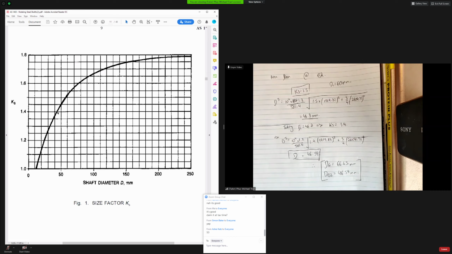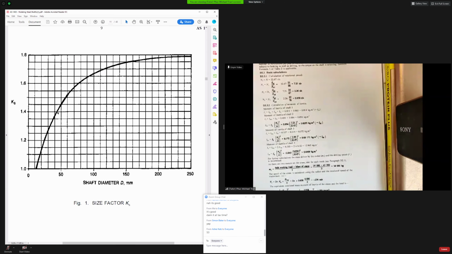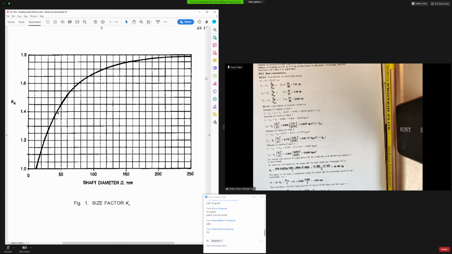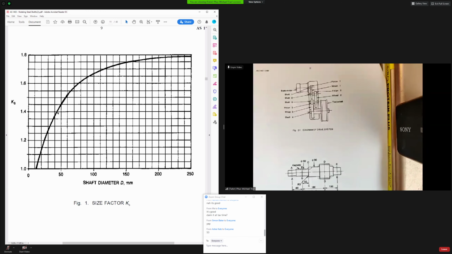If you guys want to delve deeper into the process of doing this, there's heaps more questions in the appendix of the standards. So page 21, it sets up a huge, was it like a three gear gearbox, and it goes into how to find the minimum diameters for the shafts within the gearbox itself.